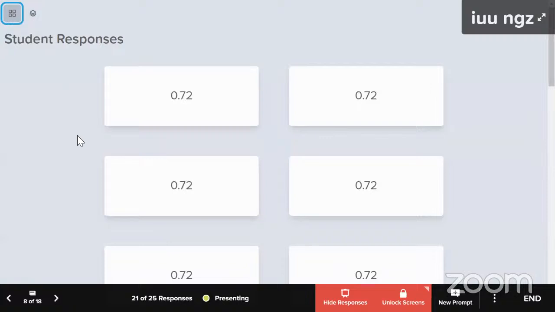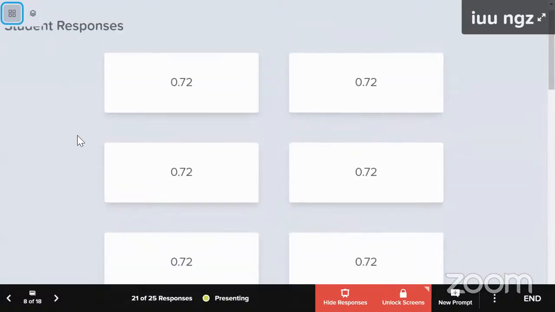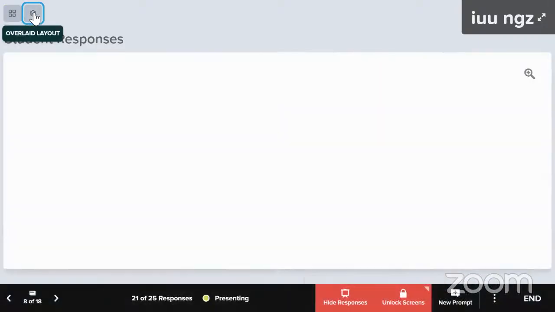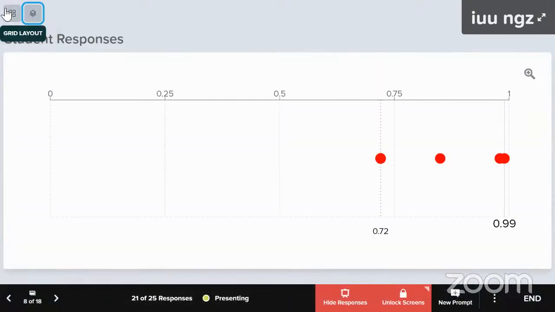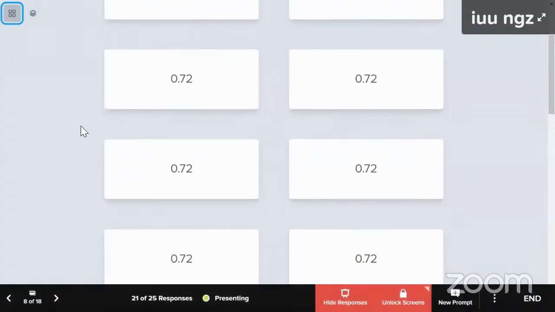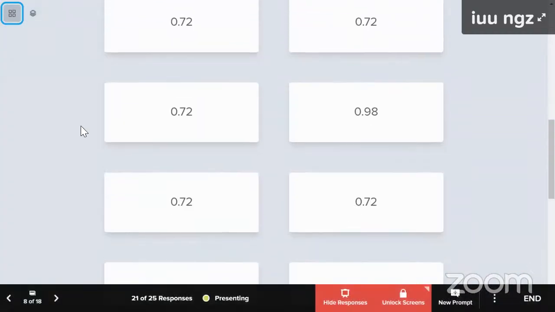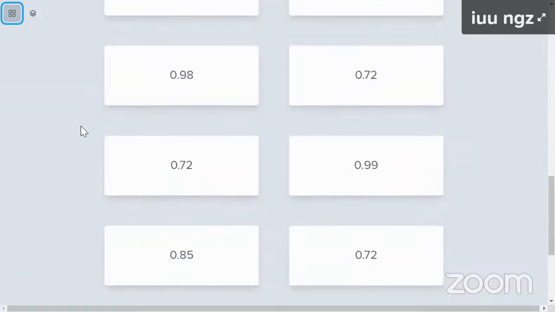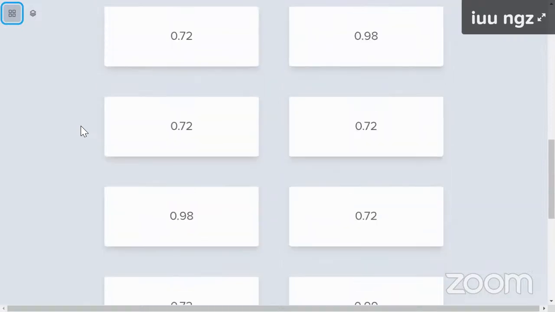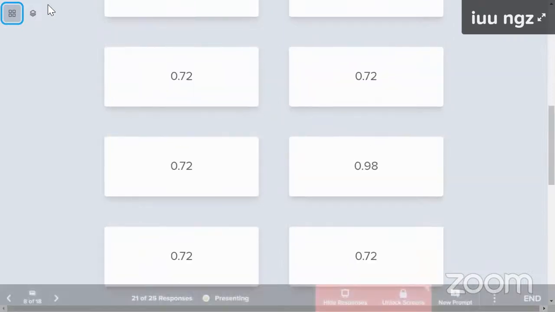In the other graph, it doesn't give the count. But from here we can see a lot of you have given 0.72 as the answer, and 2-3 of you have given 0.99, 0.85, and so on.